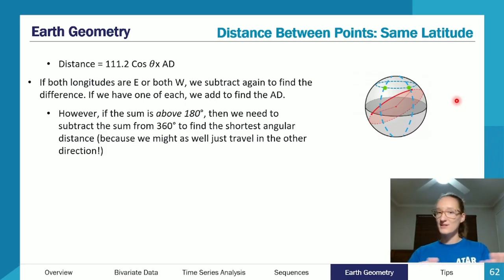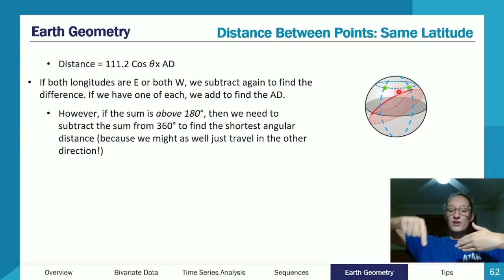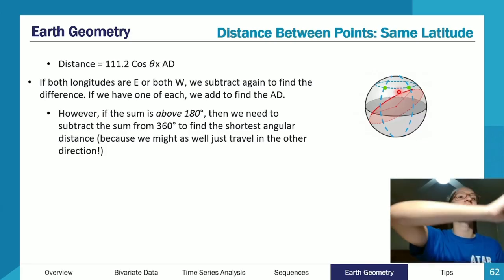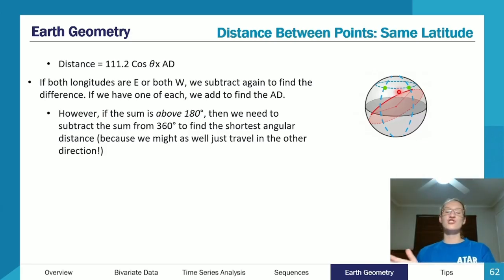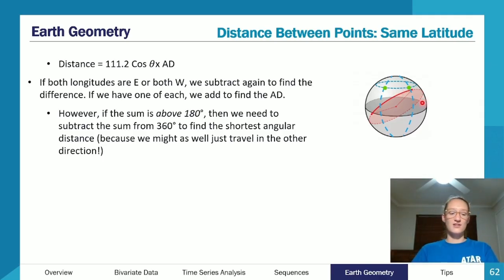That might be a little bit confusing, and if it is, that's okay, but that's pretty much to say once we go past 180, it's just shorter to go the other way. Why would you go all the way around 270 degrees when you can just take the shortcut and go 90 degrees?